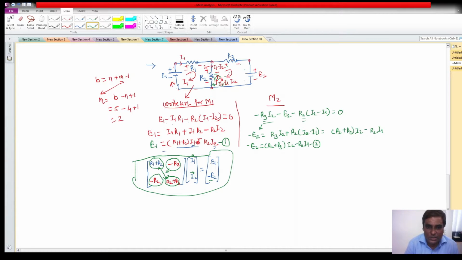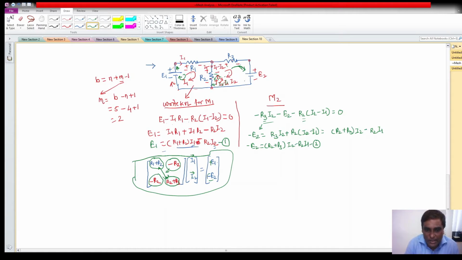So what is the significance of it? Again you can think of it like this. Here I assume my current direction is like this. So current going away from the positive terminal of the battery E1, that's why I can take it as positive sign. Whereas when you come here, the direction we assume is like this. Now here current is going into the positive terminal of the battery.